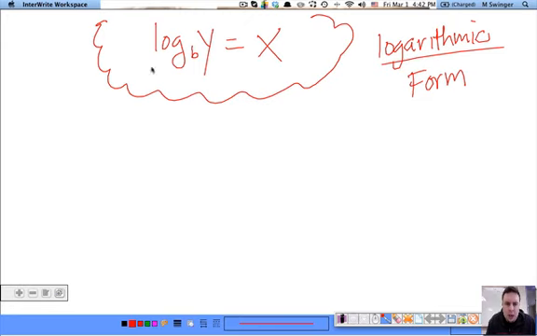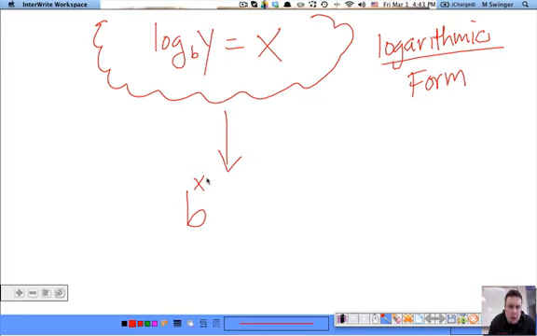You can always change logarithmic form into something else that you're probably more comfortable with. You can always change it to b, the base, okay, to the power of what power? Well, whatever's on the other side is the power. A log is a power. So this thing right here is a power. So you put that power right there.